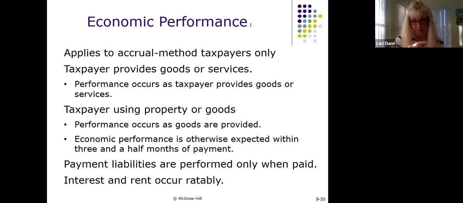The question becomes, when does Rick get to deduct that $8,000 he's going to pay? So it depends. When did the company receive the goods or services? So when did Rick actually receive the service from your new fence company? So we got to keep reading.